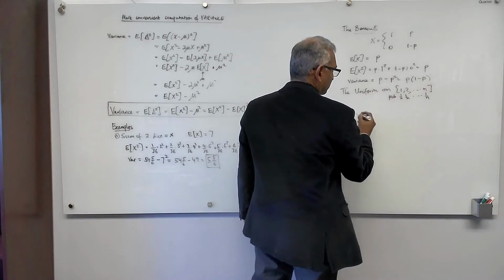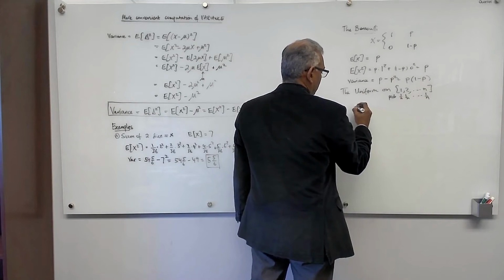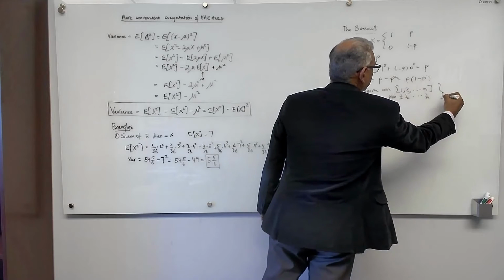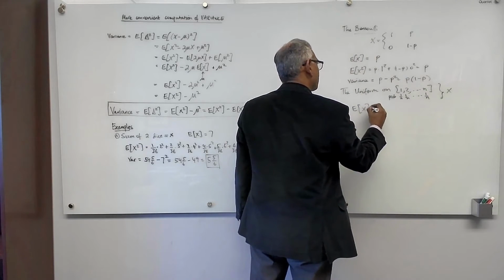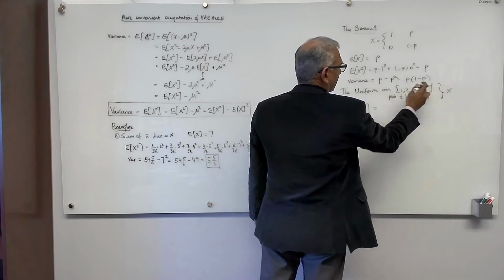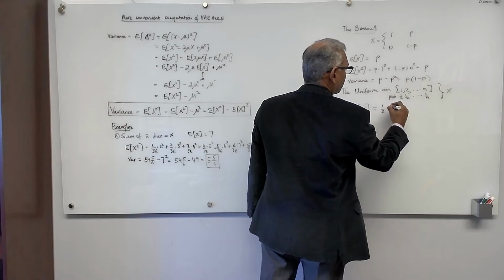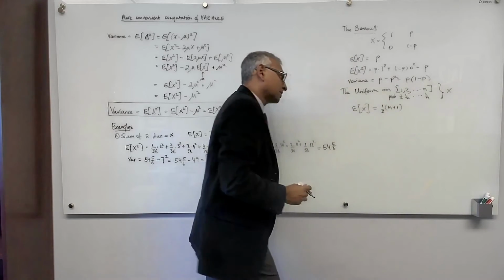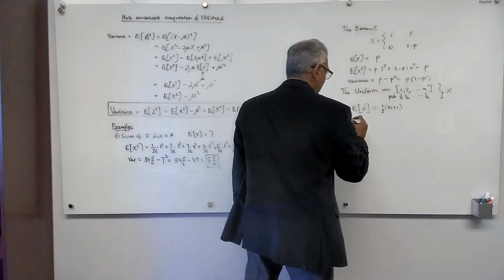So we computed the expected value some time ago. Okay, so the expected value of x, we computed it, is 1/2 times n plus 1. Okay, in the usual way. Now let's compute the expected value of x squared.